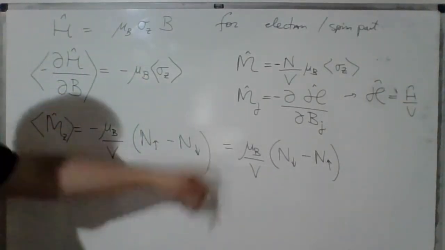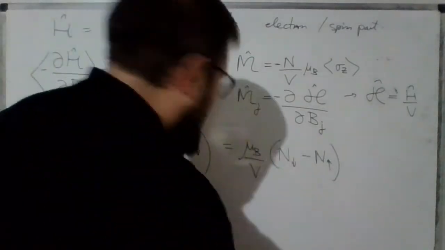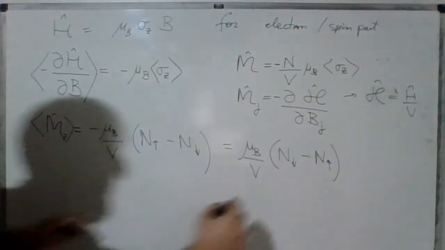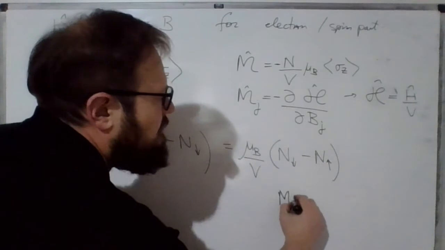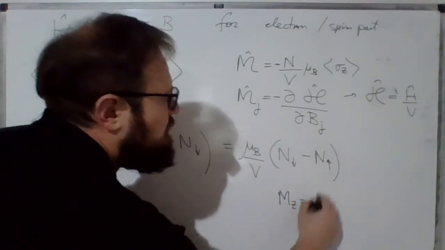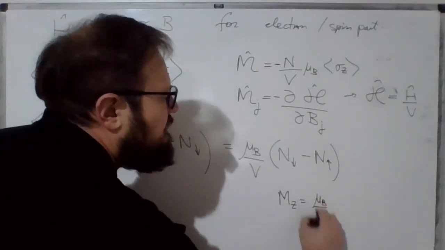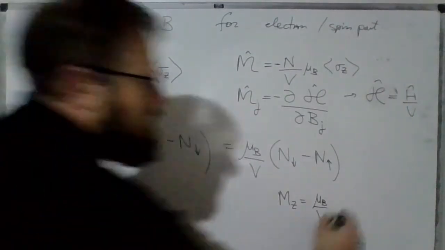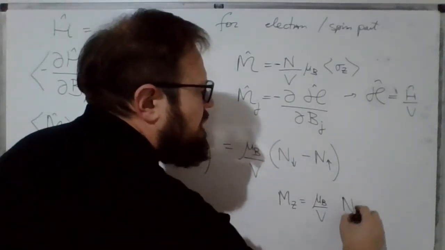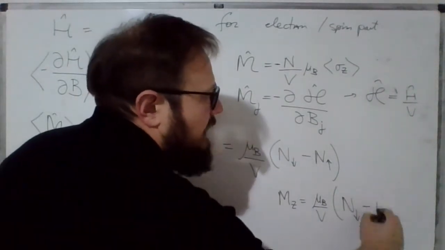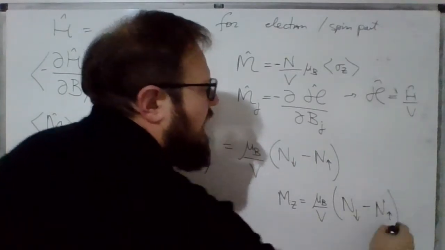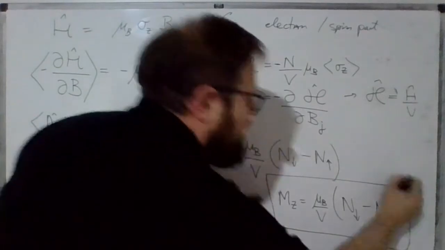Therefore, you need to calculate this object here. Just remember, I will write the equation here. The magnetization corresponds to Bohr magneton divided by volume, the number of down minus the number of up spins. All right, this is what you have here.